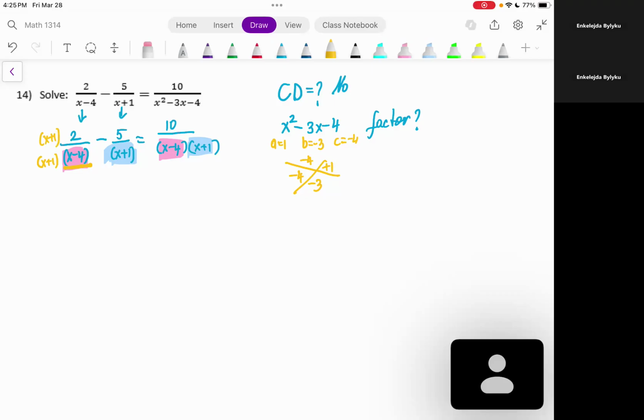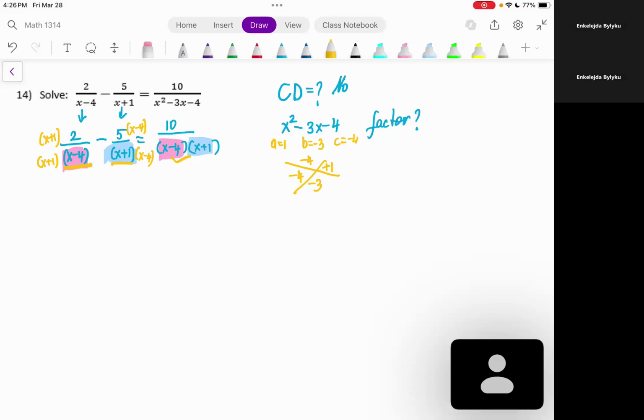I'm going to do the same thing for the second, but if you notice, we do have x plus 1, so now I'm going to multiply the numerator and the denominator by x minus 4. Whatever we do to a denominator, we have to do to the numerator to keep the fraction the same. The next one, on the other side of the equation, has both, so I'm not going to change it. It's already on a common denominator.